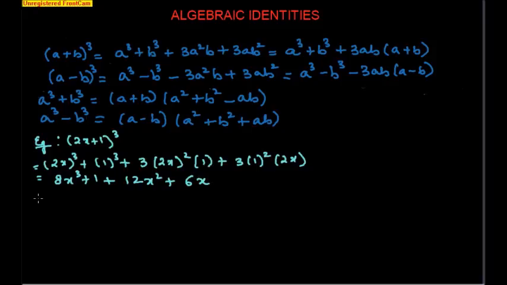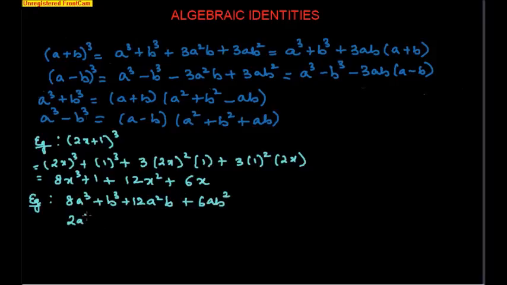Let us take another example. I have 8a cube plus b cube plus 12a square b plus 6ab square. Now this is the reverse of the above question.